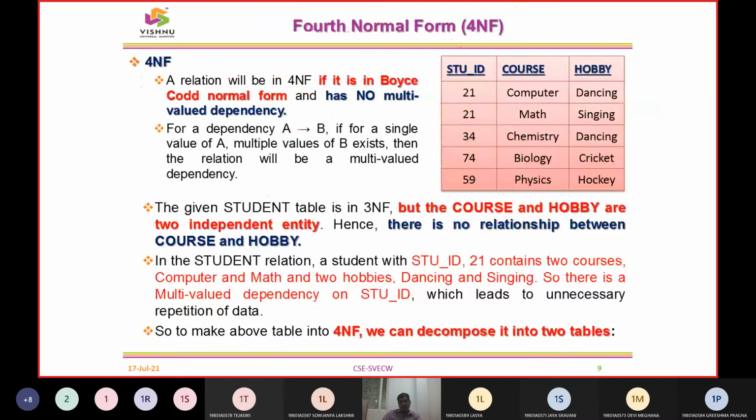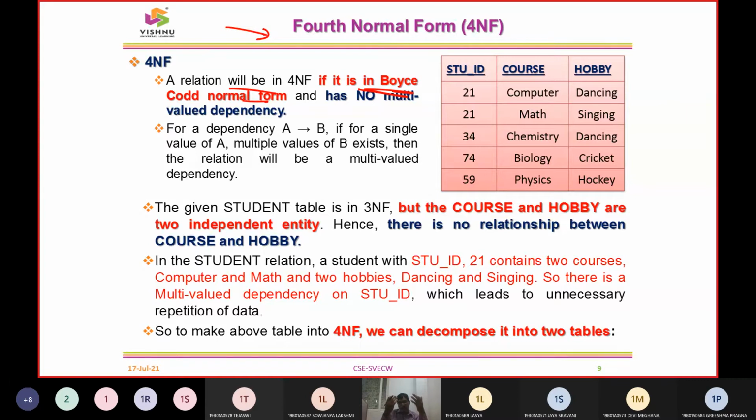Let us check the definition of the fourth normal form. A relation is going to be in the fourth normal form if, first and foremost, it should be in Boyce-Codd normal form, not just the third normal form. Remember, the drawbacks which were not corrected in the third are pretty much taken up in the Boyce-Codd normal form.